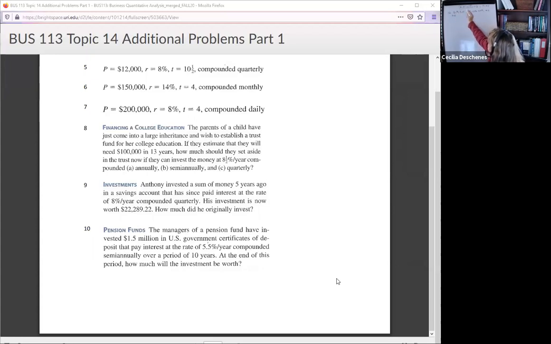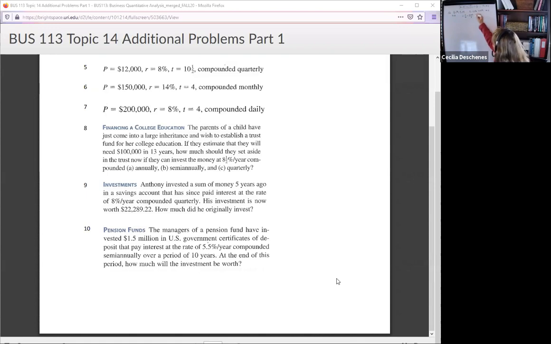Well, this is going to be our compound interest formula right here. So let's get our I, which is our rate divided by our conversion periods, R divided by M, or 0.055 divided by 2. And I think that will come out to a nice number. Maybe not. 0.055 divided by 2.